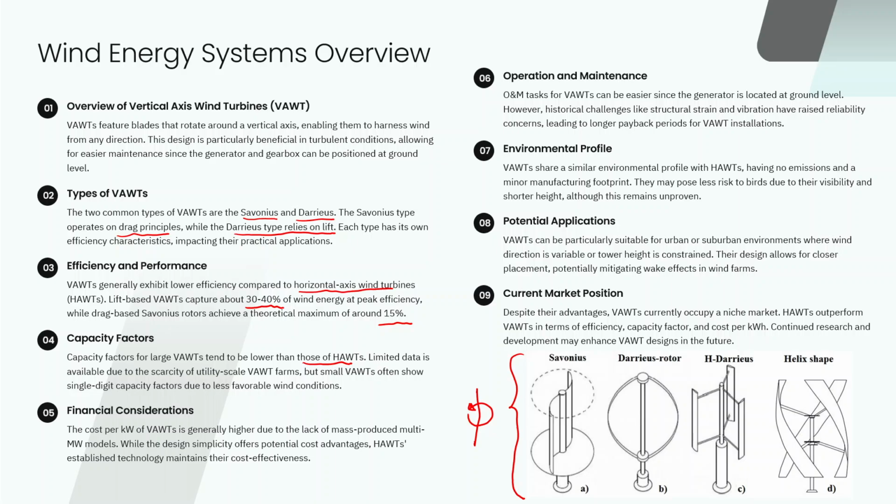These are really good for urban areas and so on. They are basically distributed, small scale wind turbines, not large scale wind power plants, right? Because of that, it's very hard to compare them with the horizontal axis wind turbine.